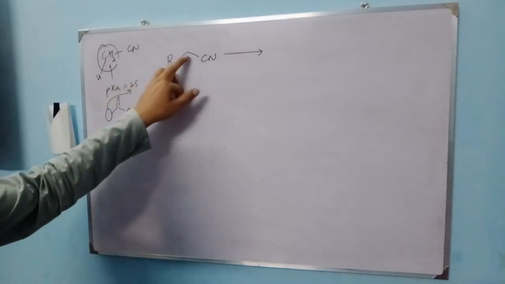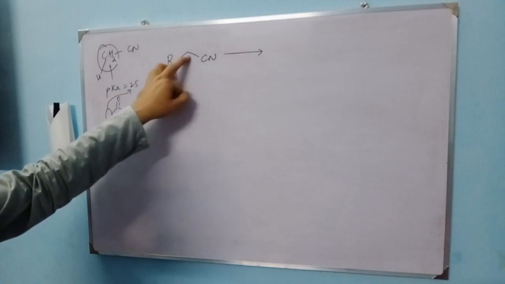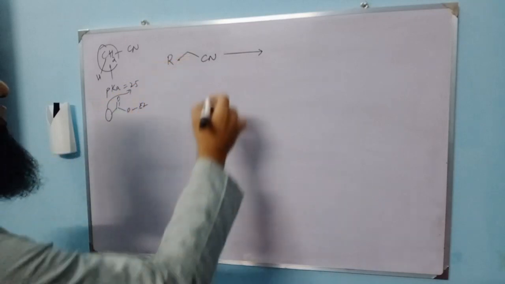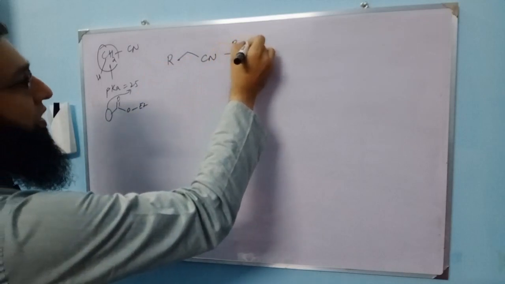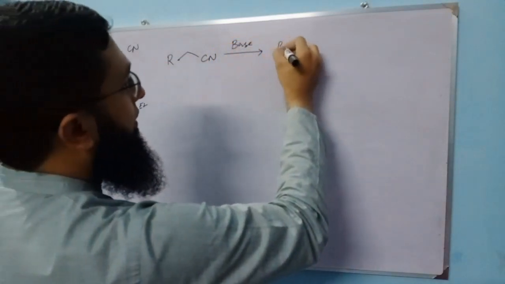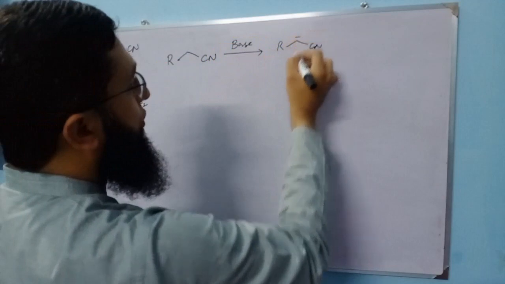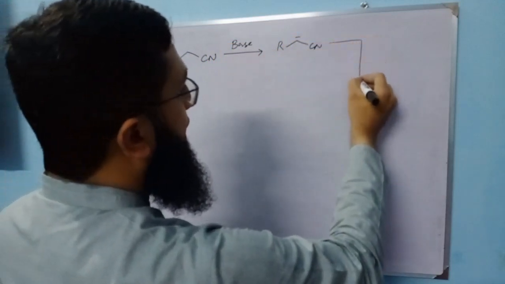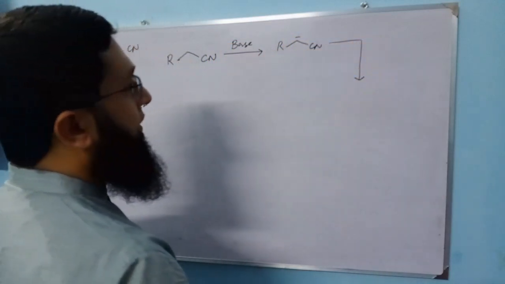So they can be used to generate a carbanion here using a suitable base. In the presence of base, they can be deprotonated and they can undergo carbonyl additions as well.